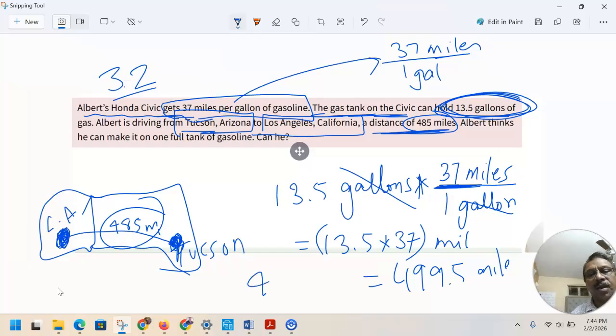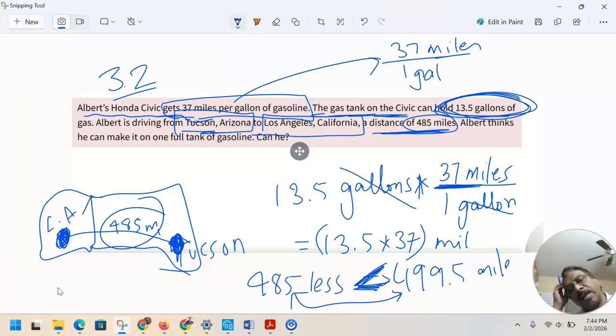You can say 485 is less than this one. So that means you are able to go with the full tank from here to here. But you can see these numbers are so close, within about 14 miles. This is in theory.